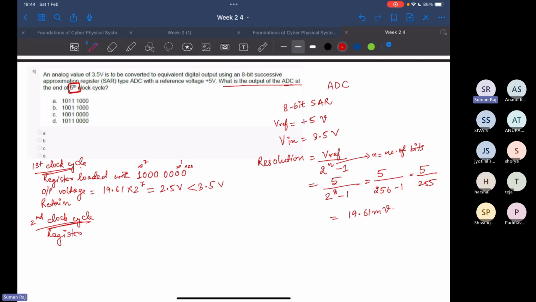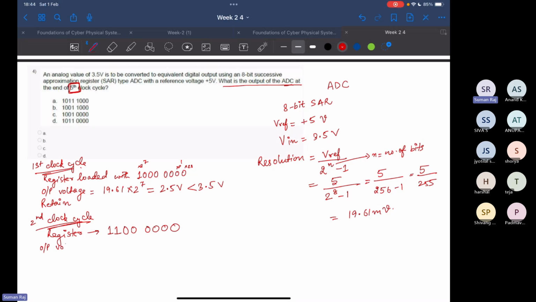You retain your 1, okay, and then you load the next one with 1 again. Then you have 01000000. So at one time you will change only 1 bit, and to retain or to change is the decision that you get after you calculate this output voltage.